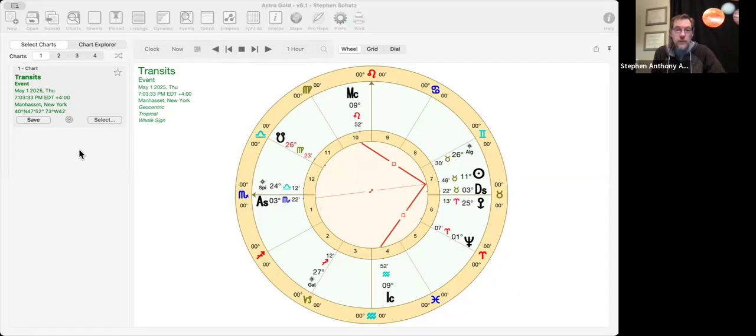Whoops, did I get rid of the sextile? Actually, this is interesting, your Neptune and Pluto are making a sextile to each other, which is an opportunity for support.